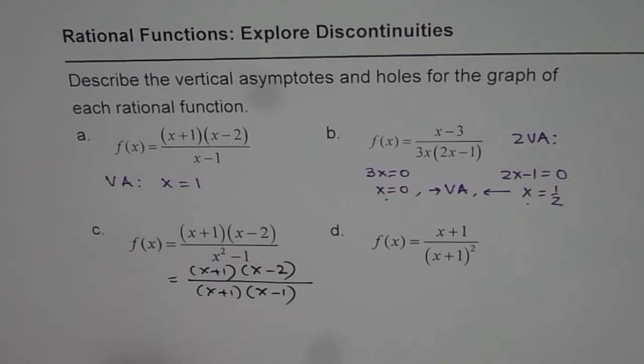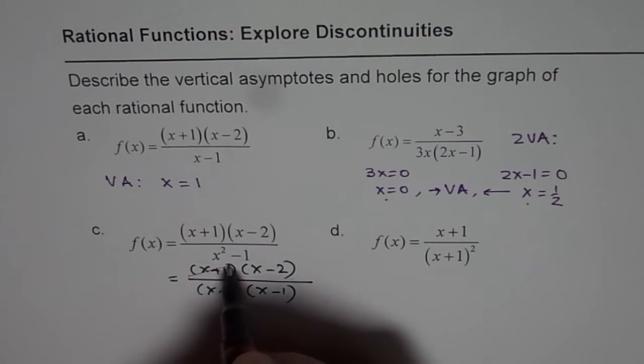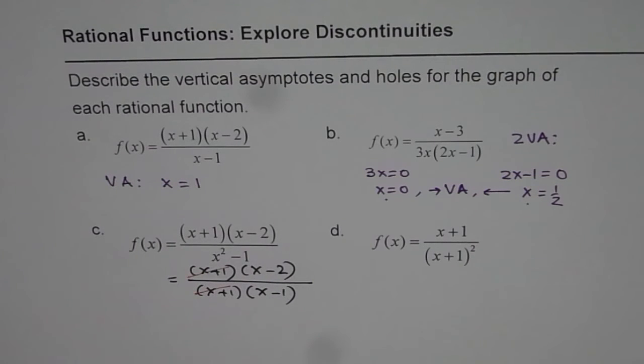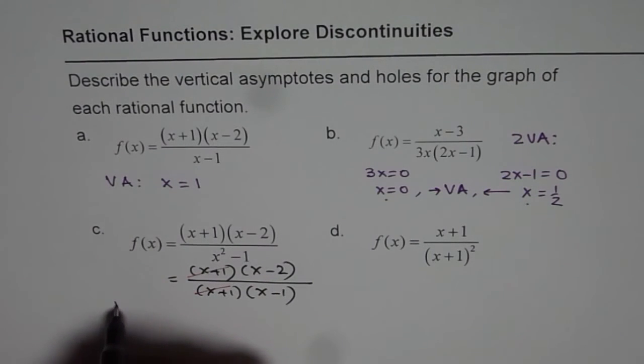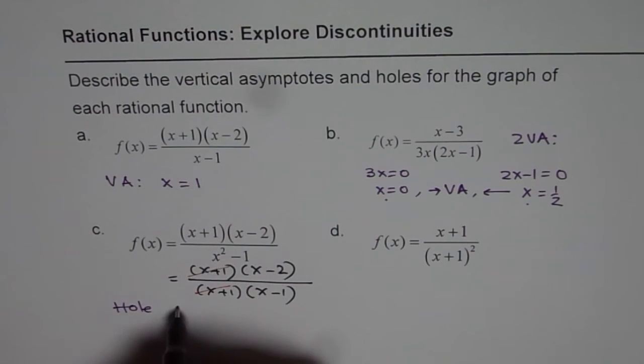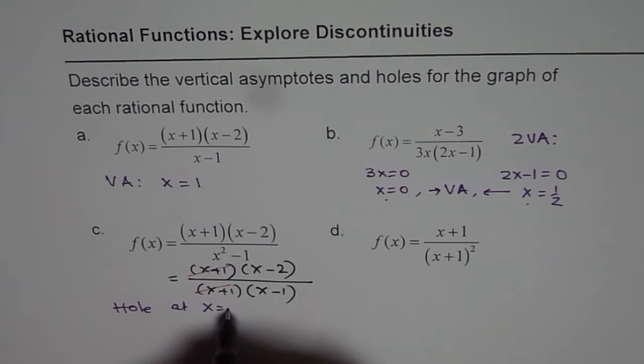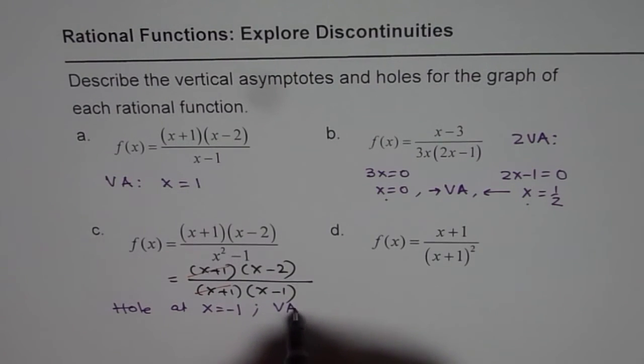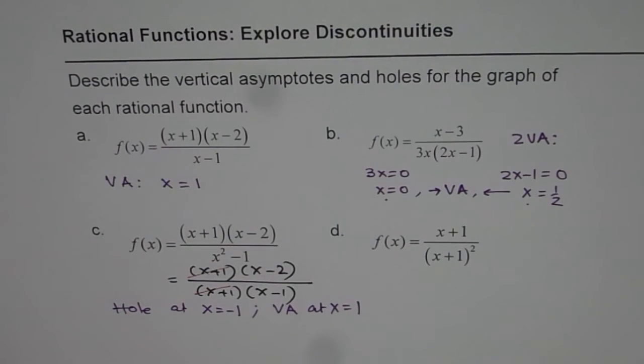Now if we examine, we have a common factor in the numerator and denominator. This will give us a hole, right? And so we have a hole at x equals minus 1, and x minus 1 does not have any common factor, so we have a vertical asymptote at x equals plus 1. Correct? That is how we describe it.